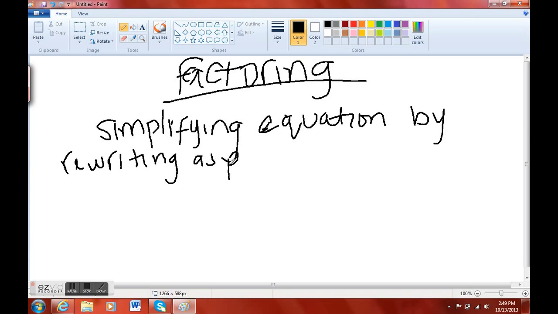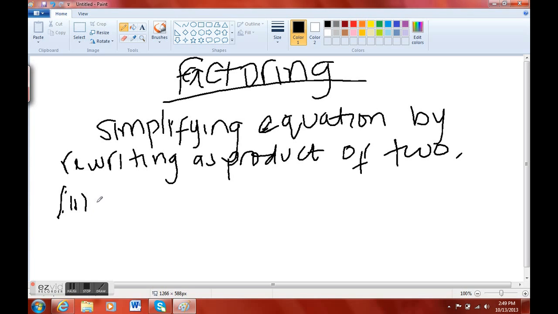It can be either one or two linear equations. Then you simply set it equal to 0.